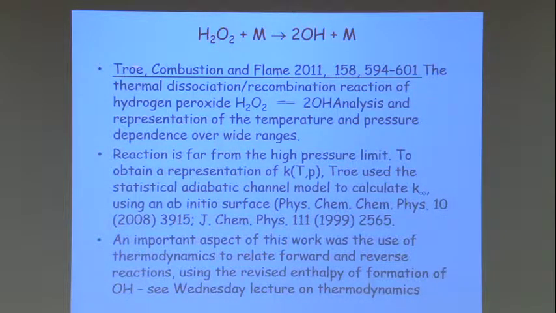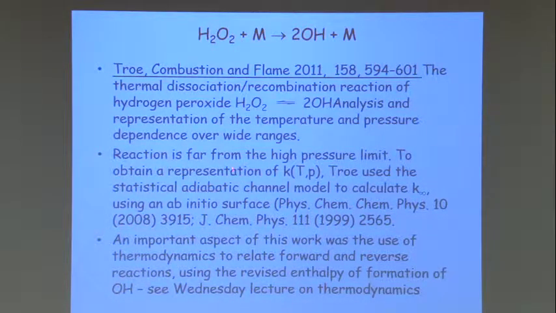There's an analysis by Troe in this issue of Combustion and Flame in which he looks at the relationship between the thermal dissociation and also the recombination. Using the equilibrium constant, we can relate the forward and backward rate constants, or equivalently, we can measure the forward and backward rate constants in different regimes and put them together to have a better understanding.